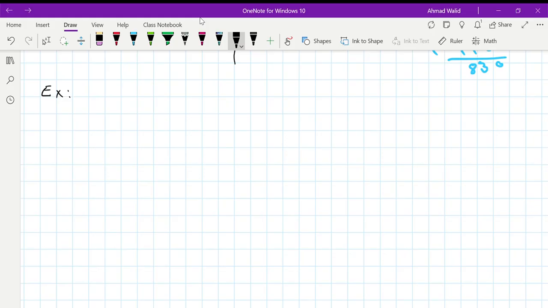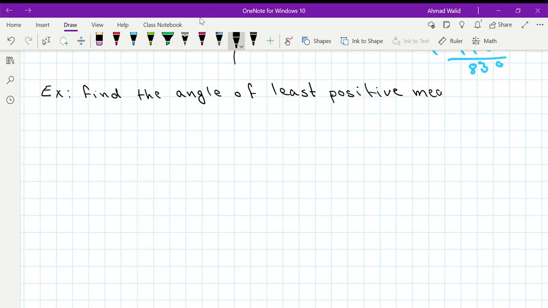Example number 1, find the angle of least positive measure that's coterminal with each given angle.